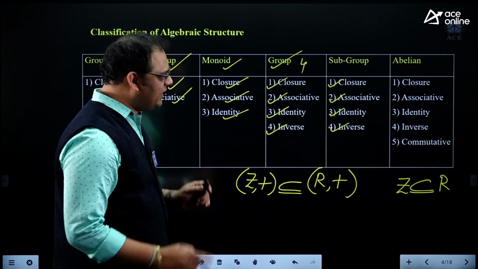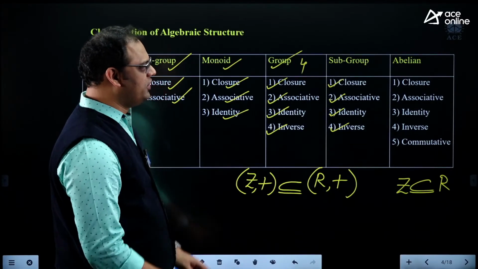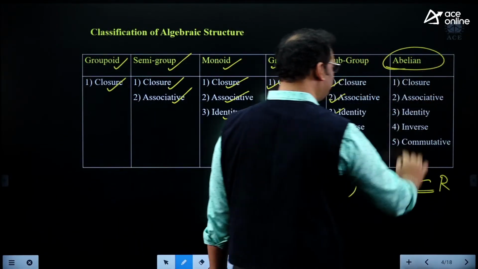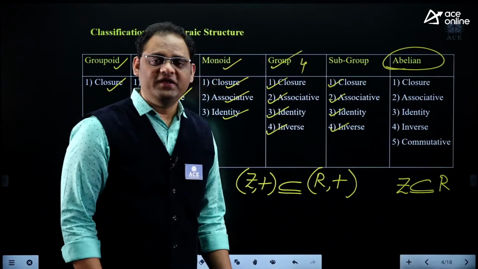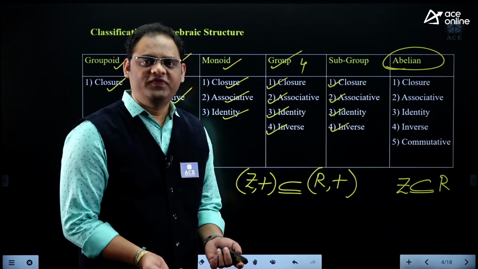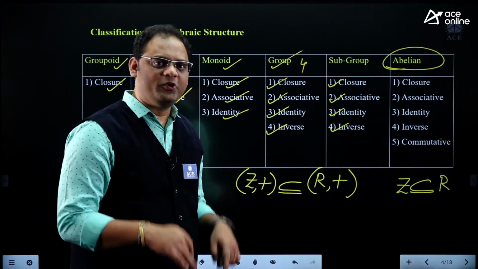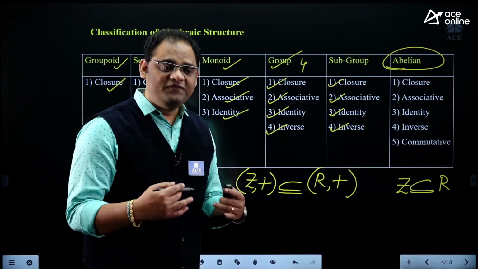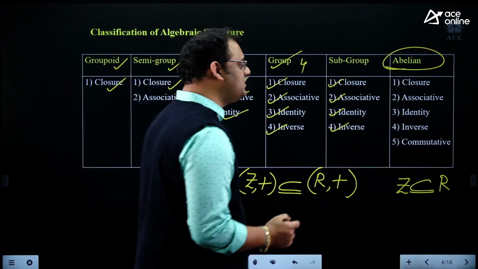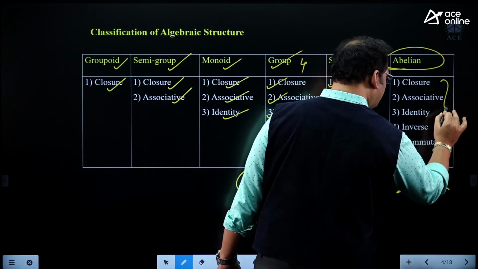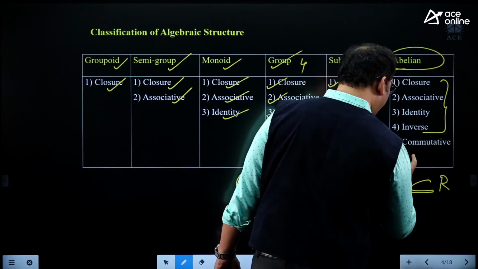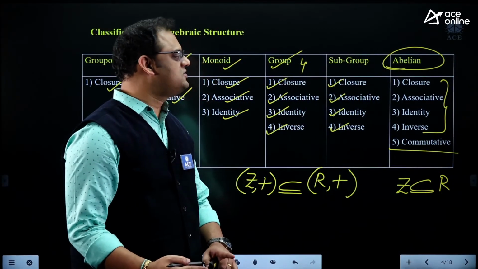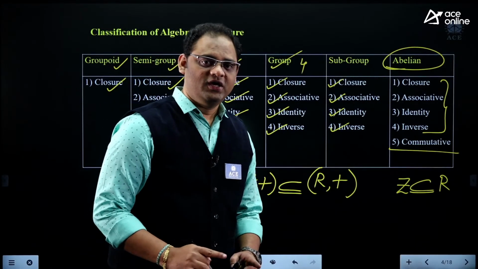Fine. And in a similar way, let us move on to the abelian group, something called a commutative group. A group is called commutative if the given group follows the commutative property. If the given algebraic structure follows all four properties and also the additional property commutative, A star B is equal to B star A for all A, B, right?